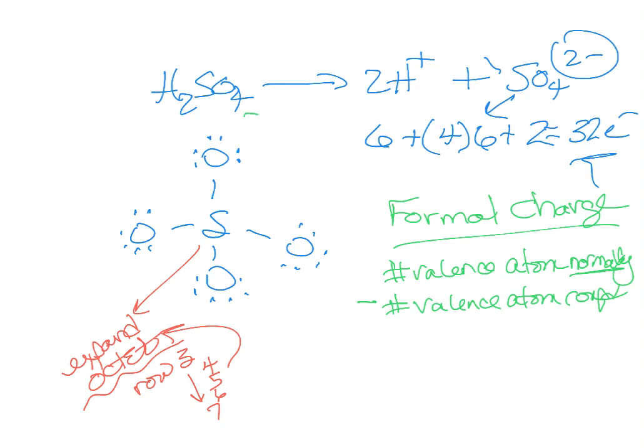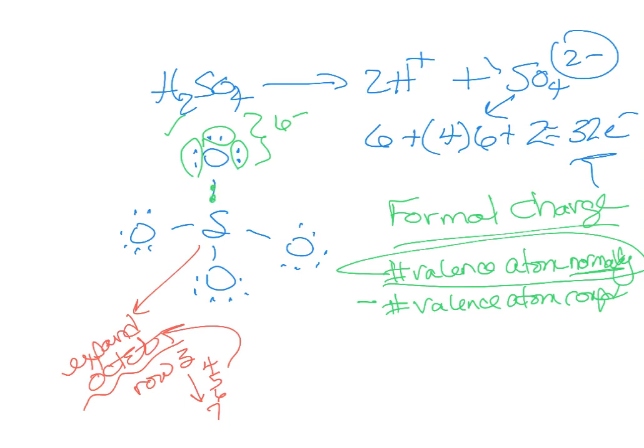All right, so what am I talking about? You've got to find formal charge for every single atom in a compound. So the formal charge for this oxygen: normally it has 6 valence electrons, that's what I'm writing here when it's on its own as an atom. So then ask yourself, how many valence electrons does the oxygen have in this compound? Well, let's see, it has 2, 4, 6. Now, there are 2 electrons in every single bond, but since it's a covalent bond that's shared, the oxygen only gets 1 of them.